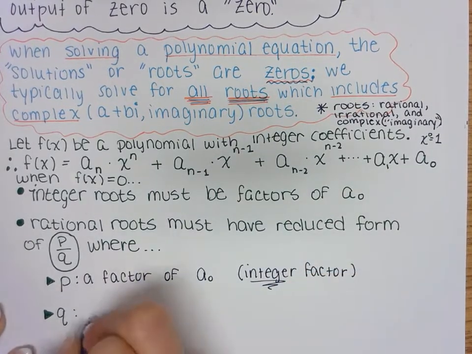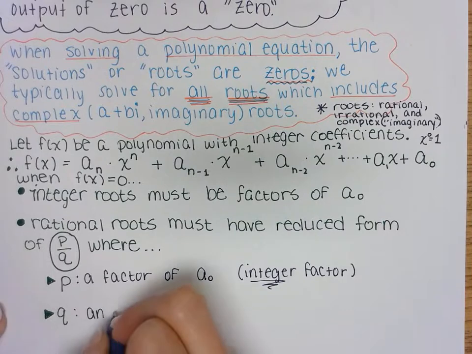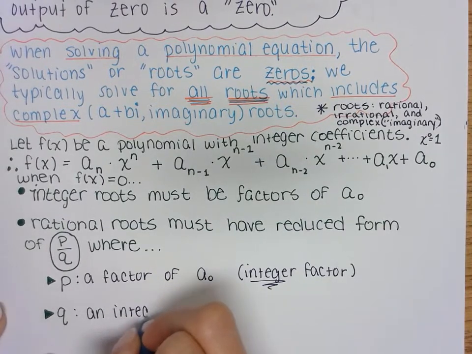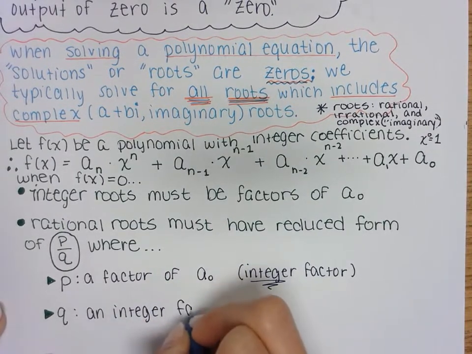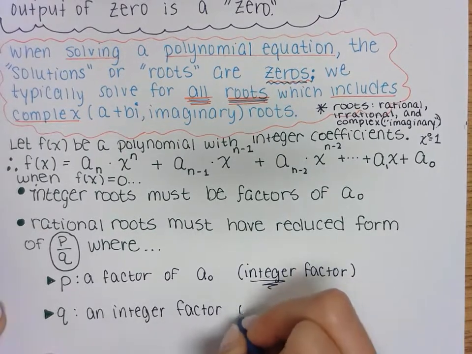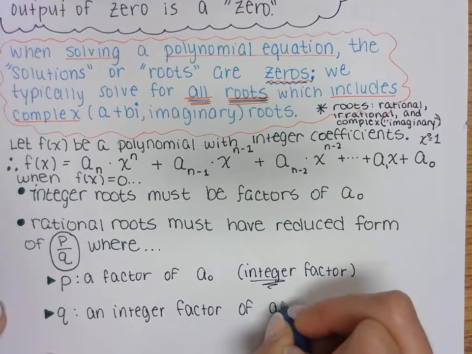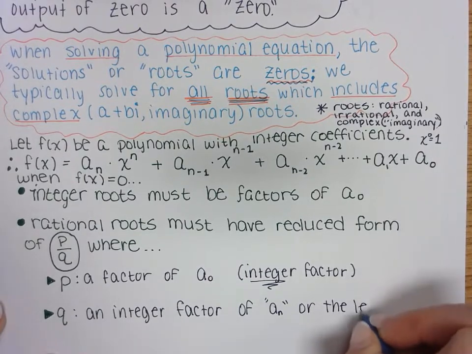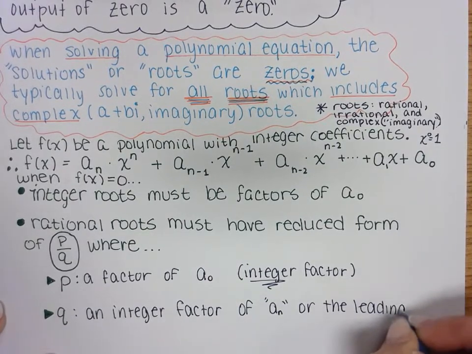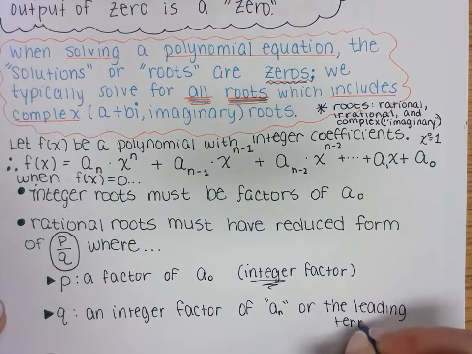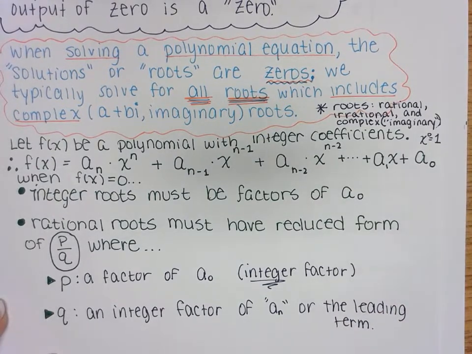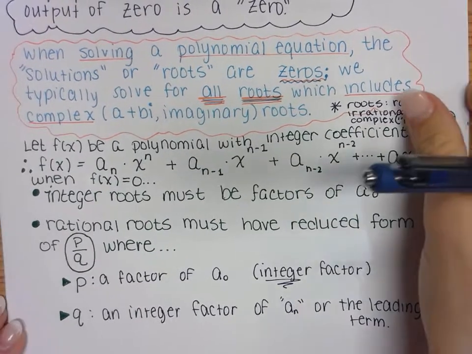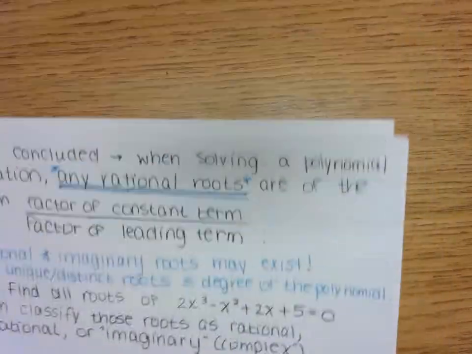And then q is an integer factor of a sub n, or the leading term. Like I said, I'm going to get into that a little bit more later, but we'll get there in a second.